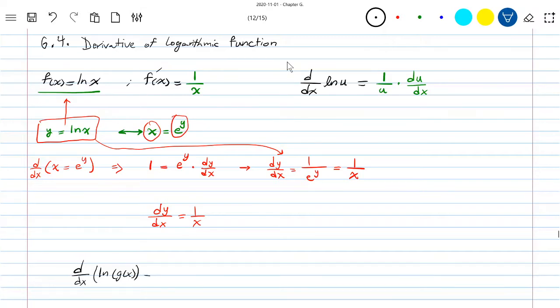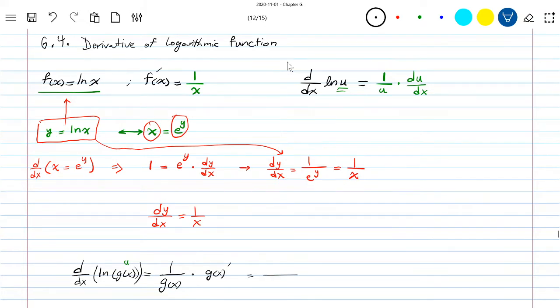G is a function. What do we get? One big parentheses. G is an input. You can think about g as u. This is the same as this. U could be a function. So this is simply 1 over g of x multiplied by g of x derivative, or u prime derivative.